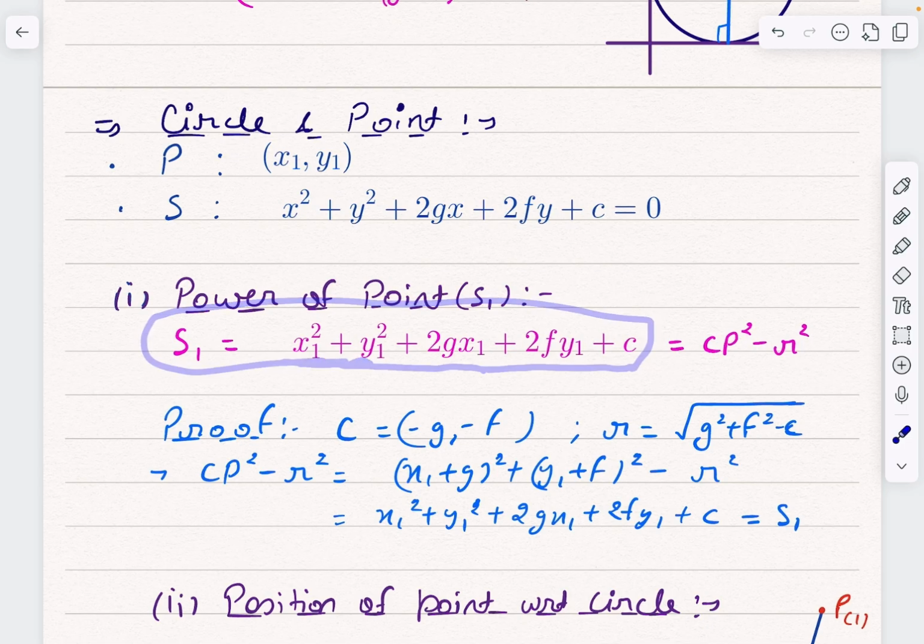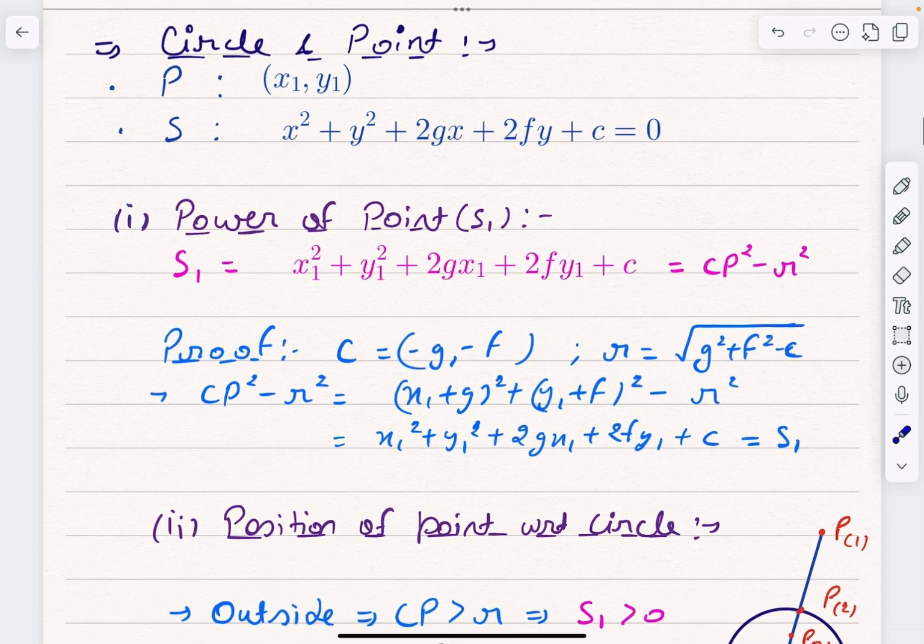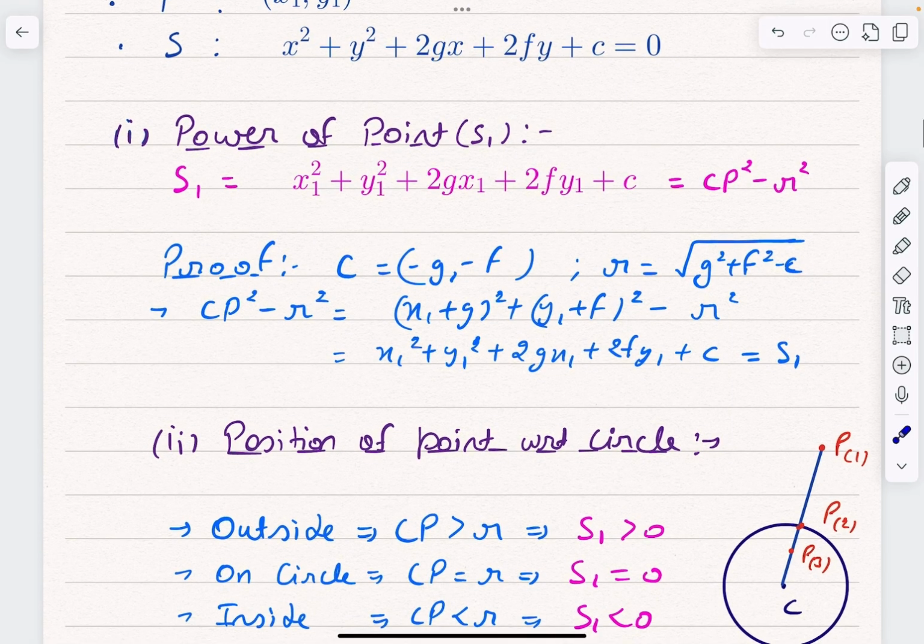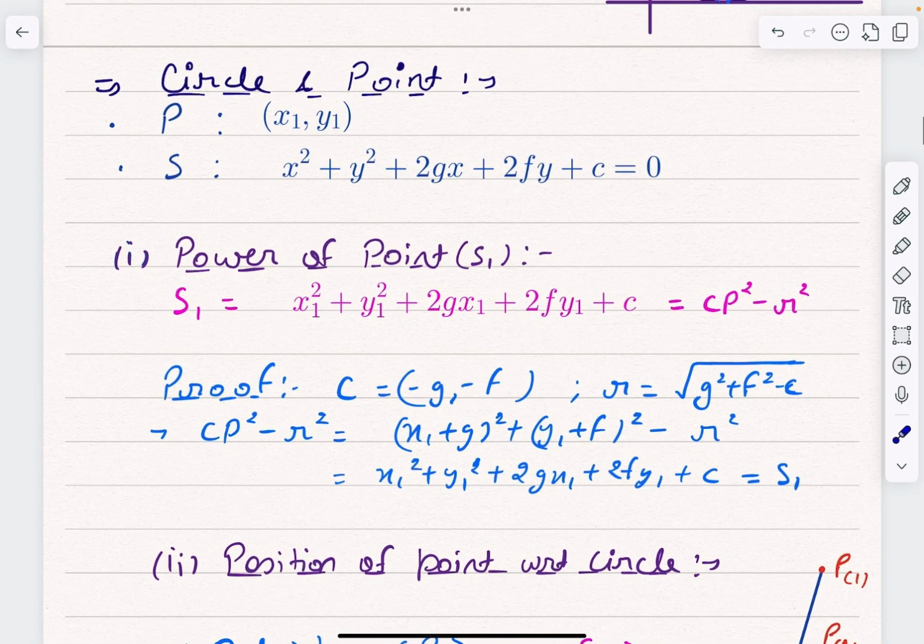Now, this will also be equal to Cp square minus R square. See how. Let us say C is the center here, like we discussed, the center of the circle will be minus g comma minus f, and the radius will be root of g square plus f square minus c. So if we do Cp square minus R square, where P is x1, y1, find the distance Cp square, you get x1 plus g square plus y1 plus f square minus R square.